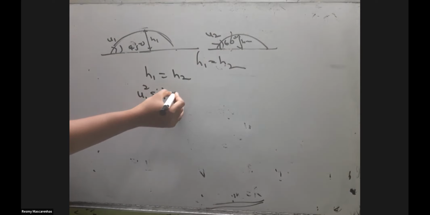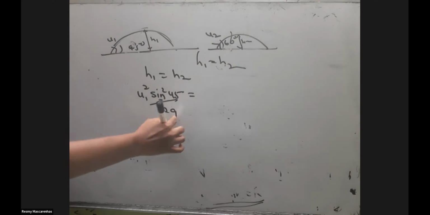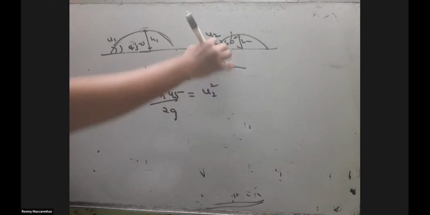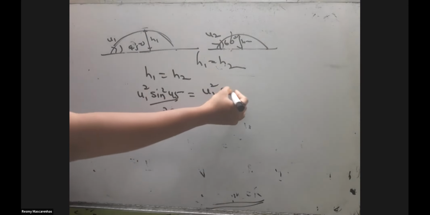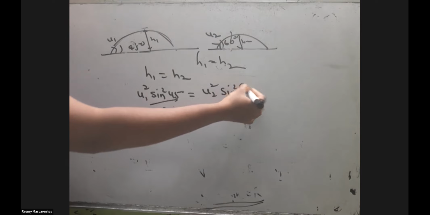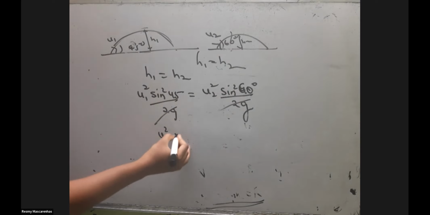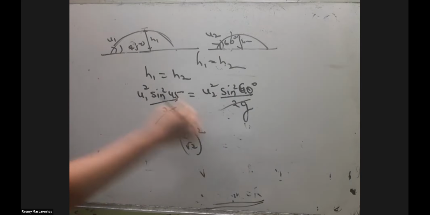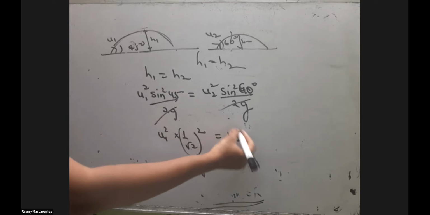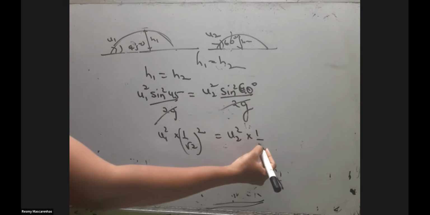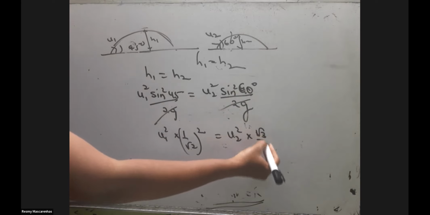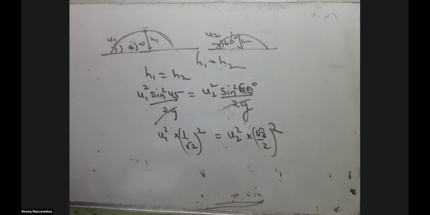So this one's angle is 45. g anyways will remain the same, and this one is 60 degrees. This and this will cancel. Sine square 45 will be 1 by root 2, the whole square, because the square is there. 60 means root 3 by 2, the whole square.